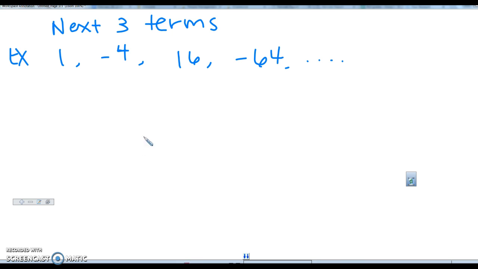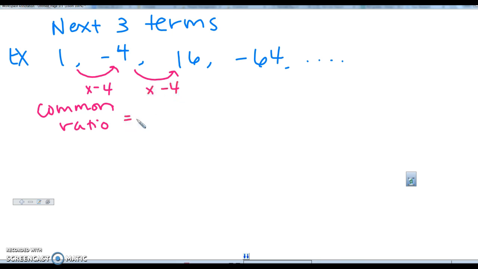So the first thing I need to do if I'm wanting to find the next 3 terms is I need to know what that common ratio is. So what am I multiplying each time? From 1 to -4, I multiply by -4. Now does that work from -4 to 16? Well, a negative times a negative is a positive, so in fact it does. So my common ratio is -4.